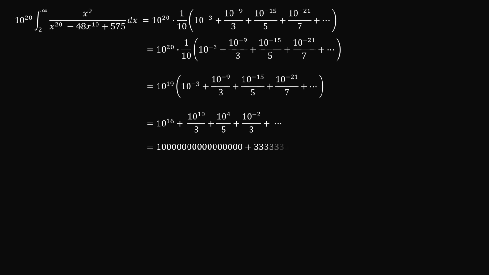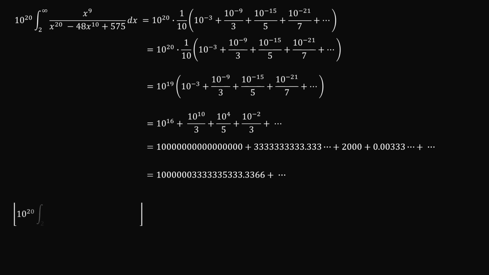So 10 to the power 16 can be expanded as shown here, and also 10 to the power 10 over 3 becomes 3333333333.33, plus 2000, which is 10,000 divided by 5, and then the fraction 0.033 results from 10 to the power minus 2 over 3. So as shown here, the answer now becomes 0.3366.